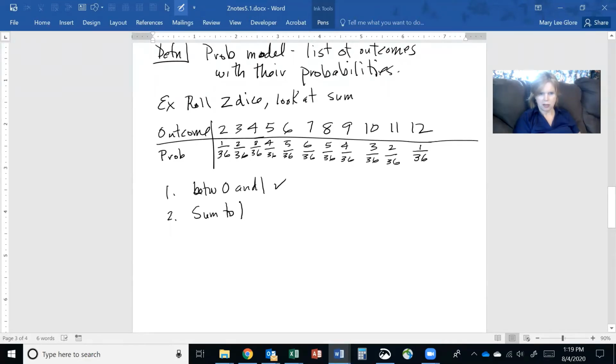If you added all these together, 1 over 36 plus 2 over 36 plus 5 plus 1 over 36, these would all be over 36. So this would be 1 plus 2 plus 5, all the way to 1. But that, in fact, adds up to 36 divided by 36, which is 1. All right, so that's what it needs to be a model, and so that works.